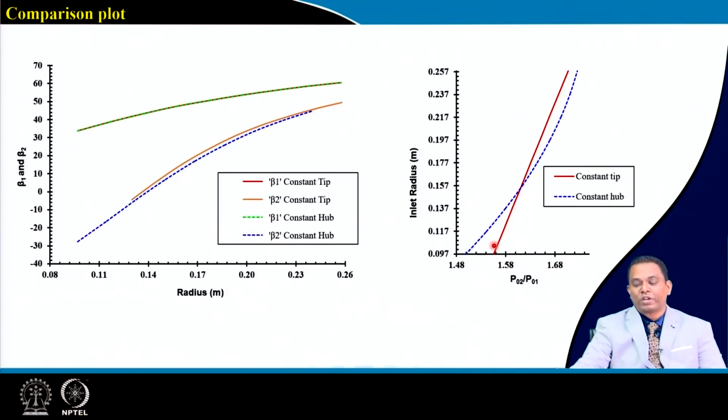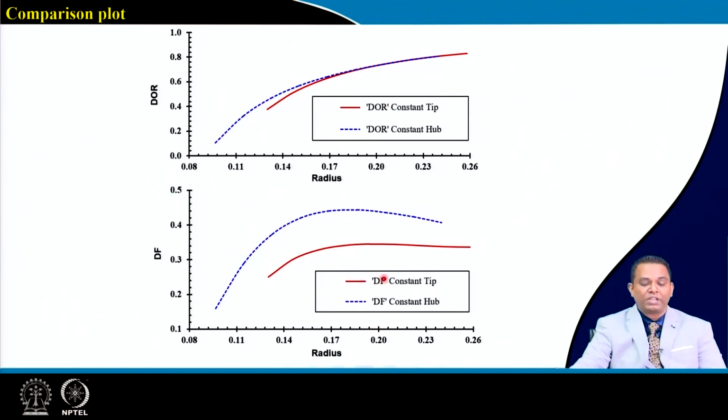So whatever loading you select here is reflected in the change of diffusion factor. So do not say that the constant tip diameter design is better than the constant hub diameter configuration or design. It is all about the numbers you are selecting. Again and again I am saying the same thing: you need to be a little careful about how you put in delta P0.